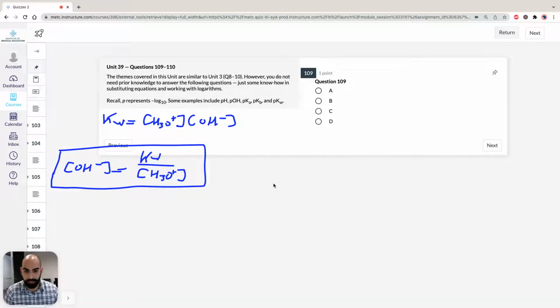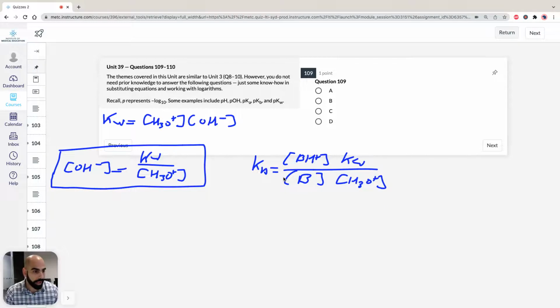So Kb equals BH plus over B, and now we substitute our hydroxide ion, which is just Kw over hydronium ion concentration.